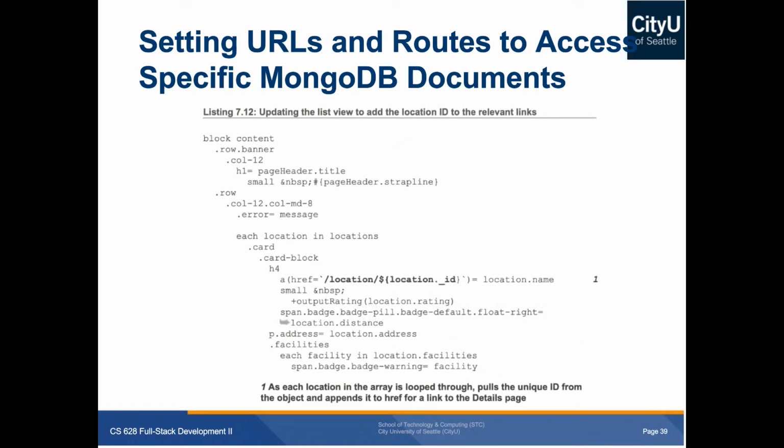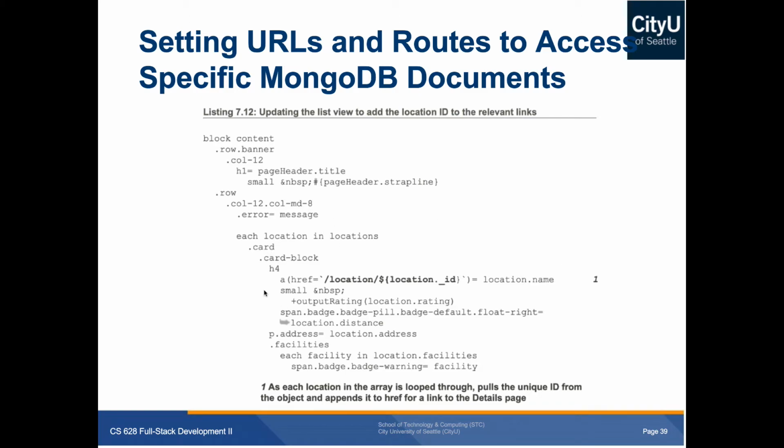Okay, so setting URLs and routes to access specific MongoDB documents, right? So here you would see the card block. The clue here is you have each location in location, so you know everything here pertains to just one location.